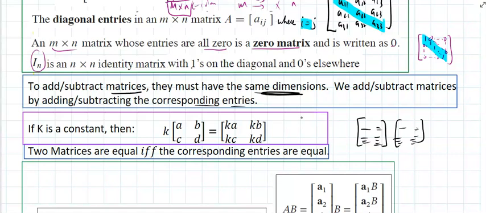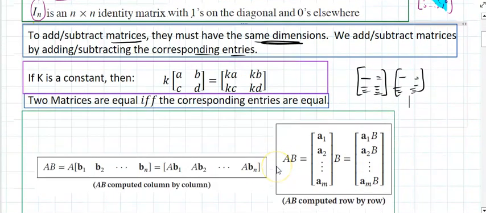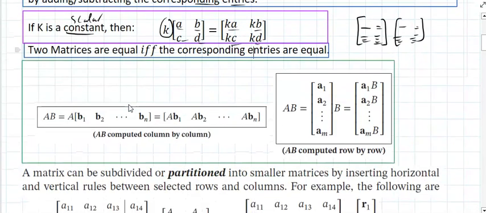Again, I'm going to go over an example on each of those. If k is a constant or a scalar, in vector language we call it a scalar, then when you multiply a matrix by a number, you simply multiply each entry by that number. Two matrices are equal if and only if the corresponding entries are equal. They have to be identical.